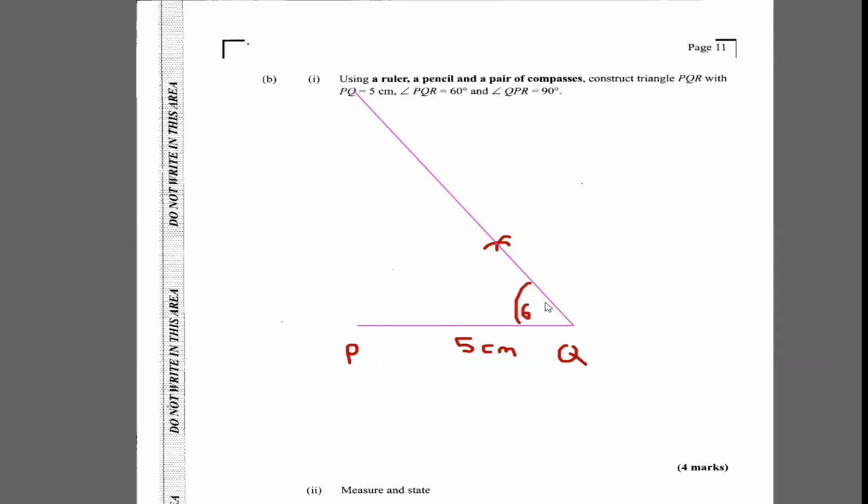Then what do you do next? The next thing you do now, it says angle QPR, meaning the angle at P needs to be 90. So when you swing up your arcs, this needs to be 90.